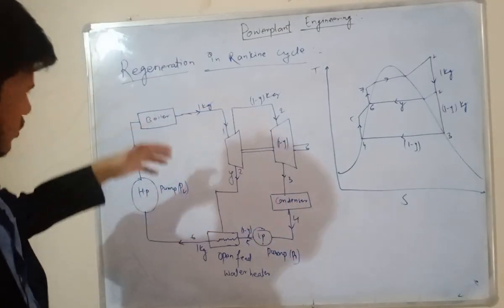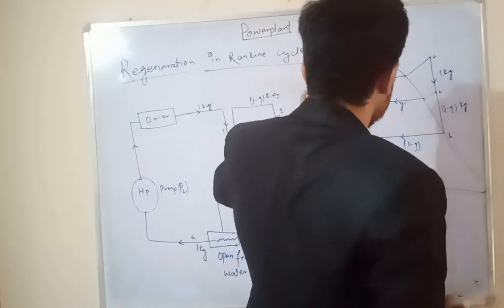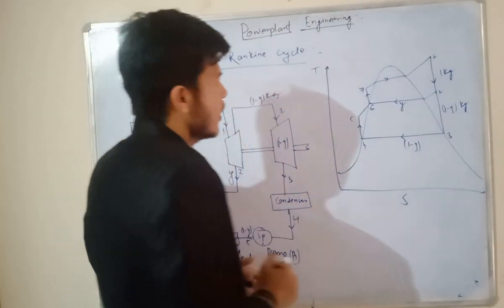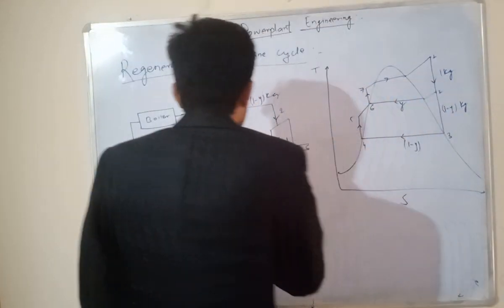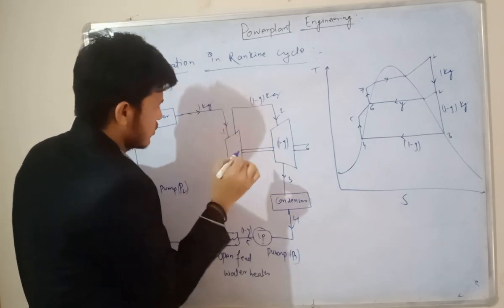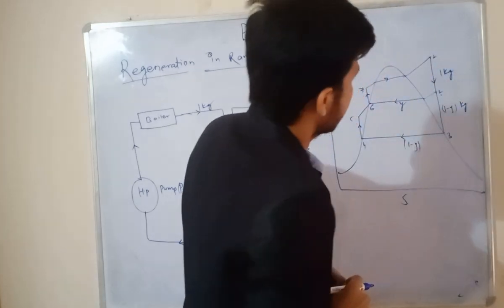From this diagram we can draw the TS diagram, the temperature and entropy diagram. As I already said, from 1 to 2 there is expansion.